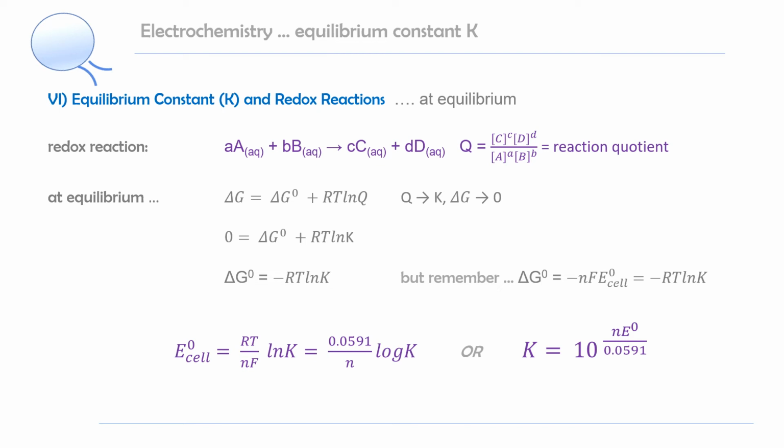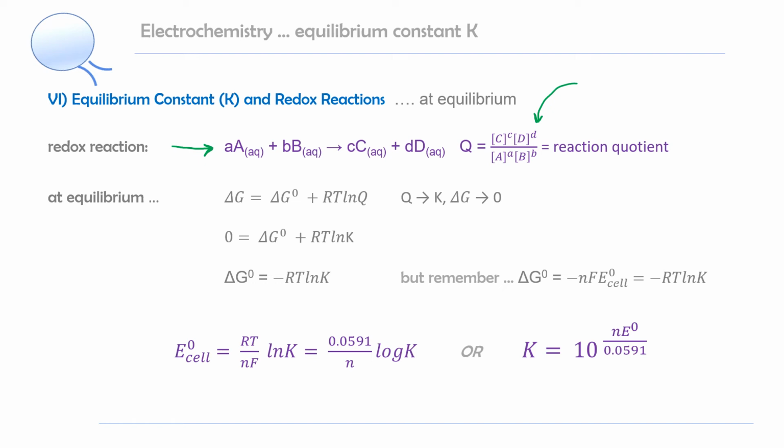Okay, so let's just think about this overall process shown here. Reactants A and B undergoing some kind of a redox process, and we get C and D as products. Okay, the reaction quotient for that reaction would look as shown over here. Okay, so if you created an electrochemical cell to measure the potential of this process, when you initially connect all of the terminals, at the initial moment that everything started, you would have a certain Gibbs free energy change and a certain cell potential.